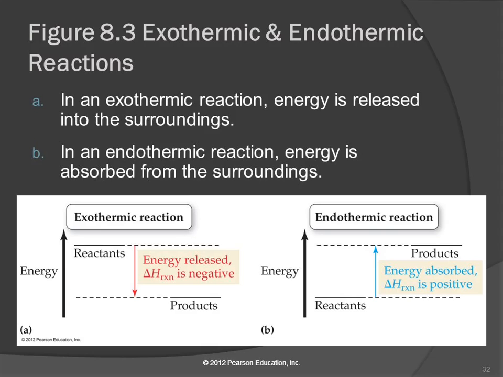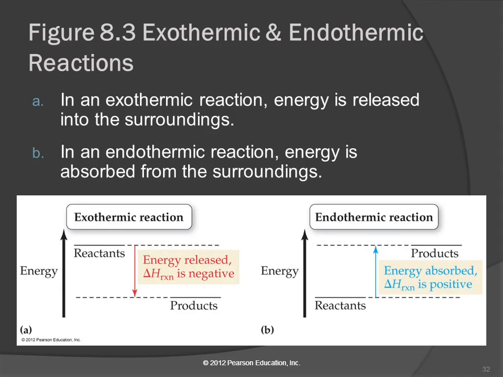In an exothermic reaction, energy is released. In an endothermic reaction, energy is absorbed. Yeah, you said that before. Well, here's a picture. Here, the reactants are starting out with a higher amount of energy. There are different forms of energy, remember. There's potential energy, a lot of potential energy stored in the chemical bonds of compounds.